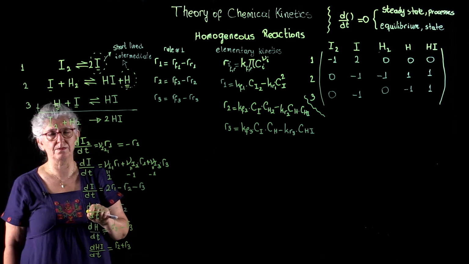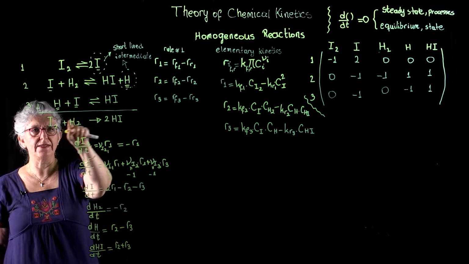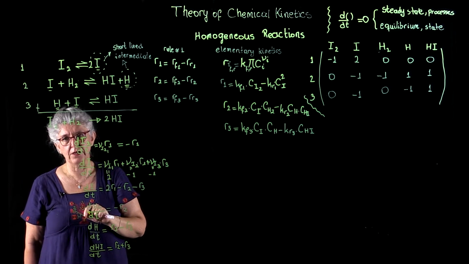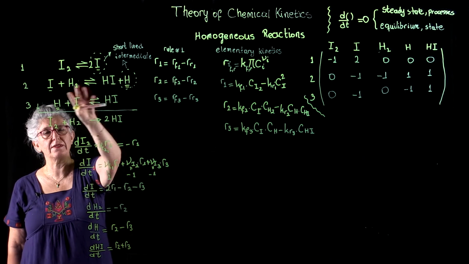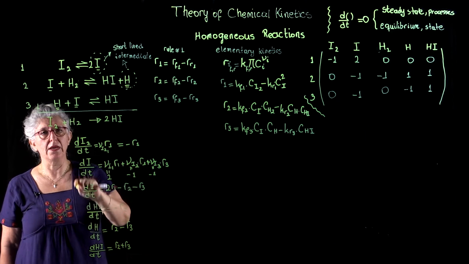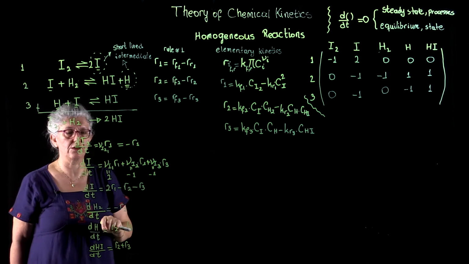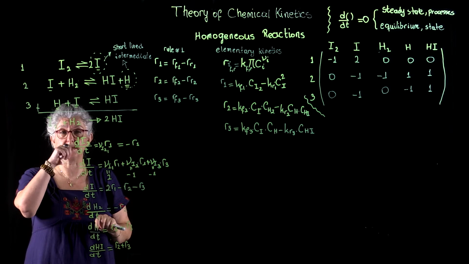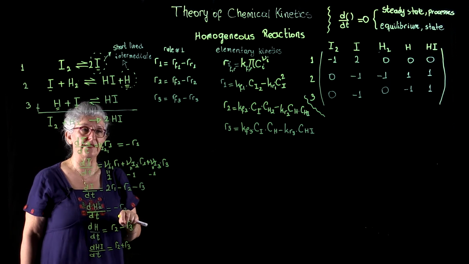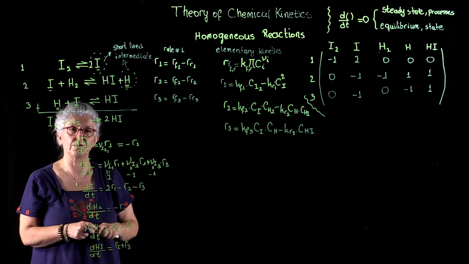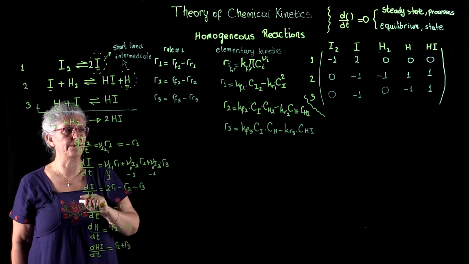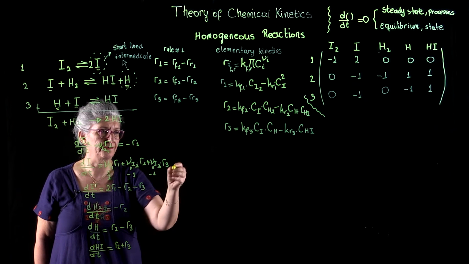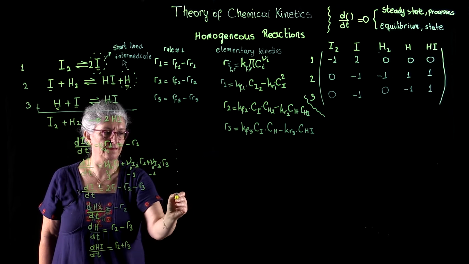In other words, for the whole process, the dI2 over dt should be 0 when the process reaches equilibrium. The dH2 over dt should be at equilibrium. All right, so let's invoke those process attributes into the individual steps, and let's see where it is going to take us.